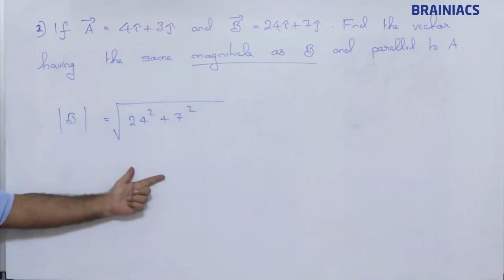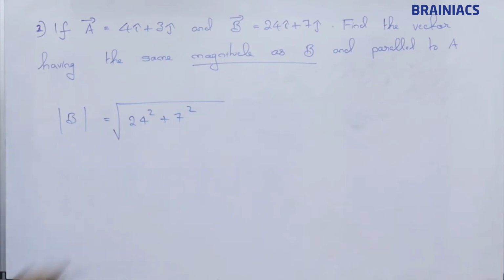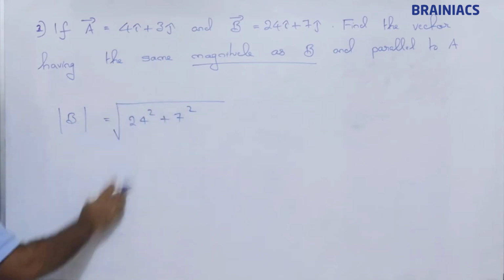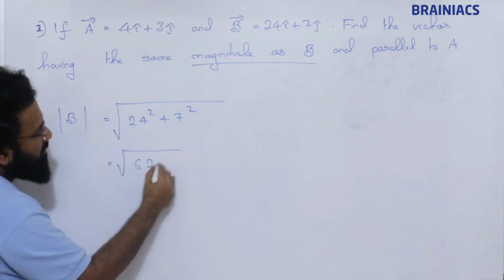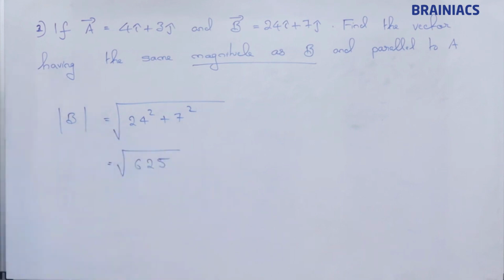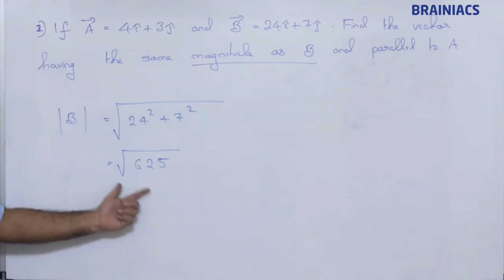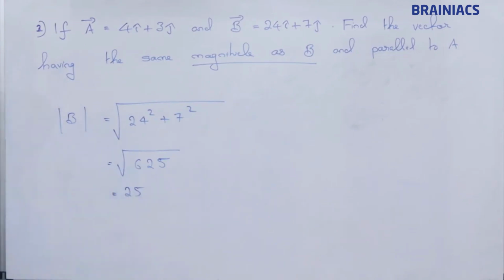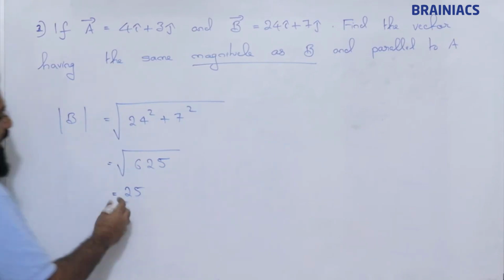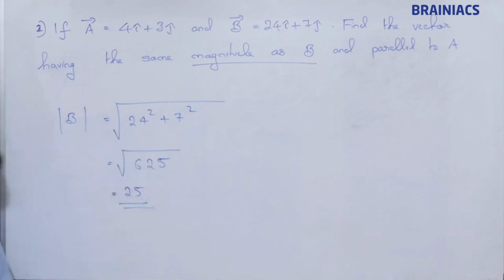When we do 24 square plus 7 square, we will be getting root 625. Root 625 is nothing but 25. So the magnitude we got.